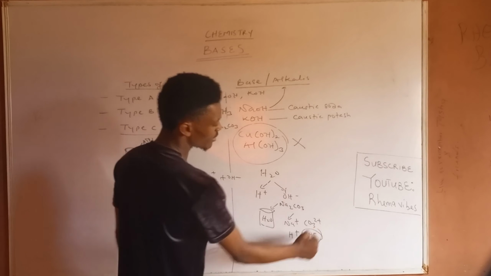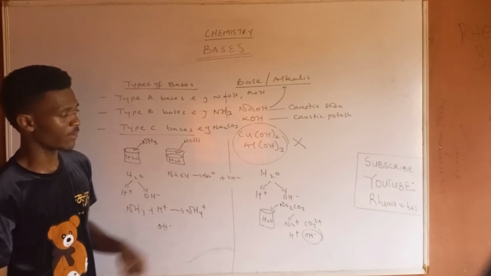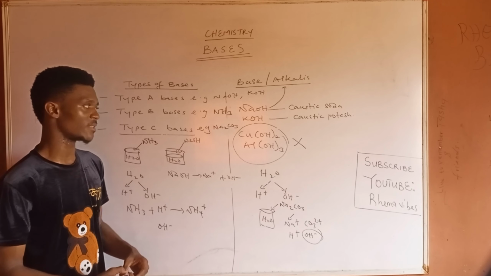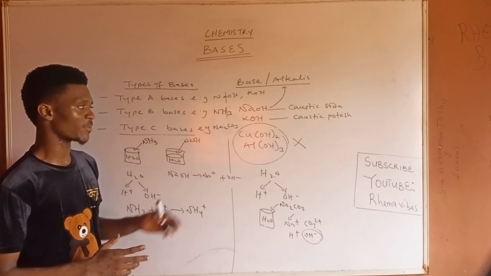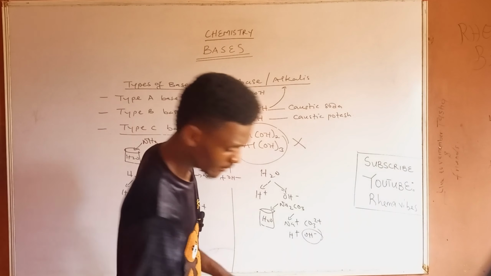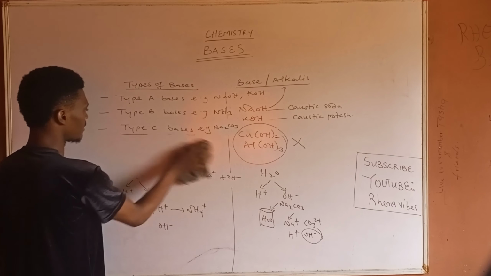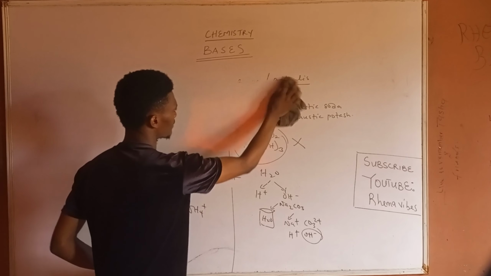So long as the OH minus is being produced, then you can say that this is also a base. All right, so that's for the type C bases. So I've been able to split the bases into different types. So take cognizance of what I've just explained here. All right. Then the next thing that we'll look at would be the physical properties of bases.